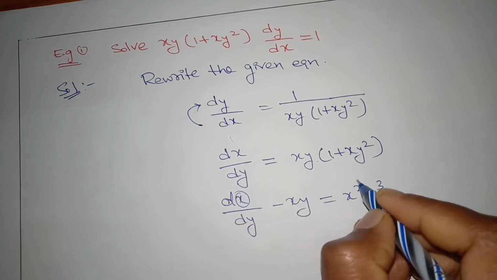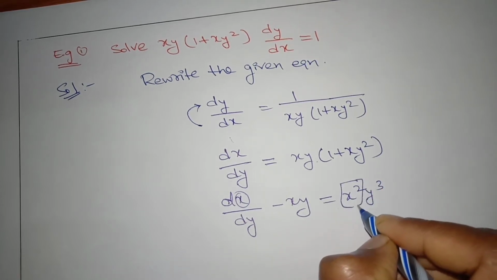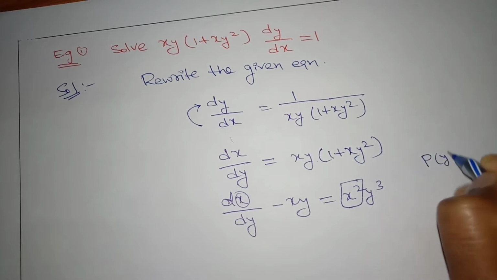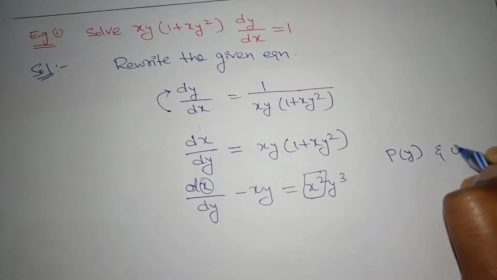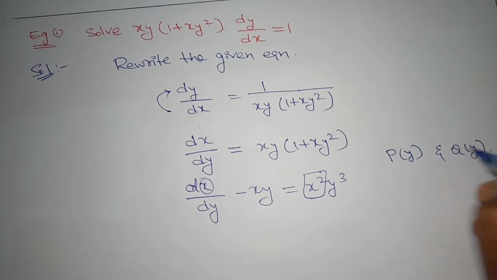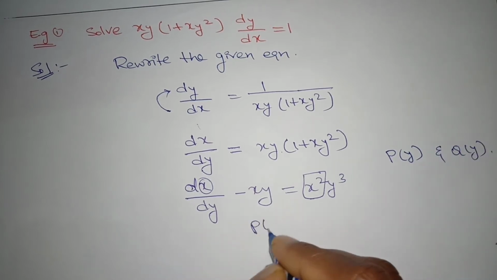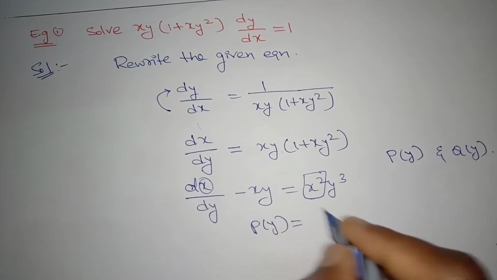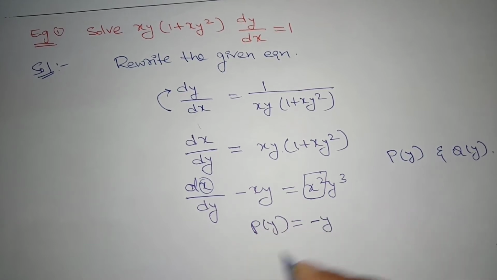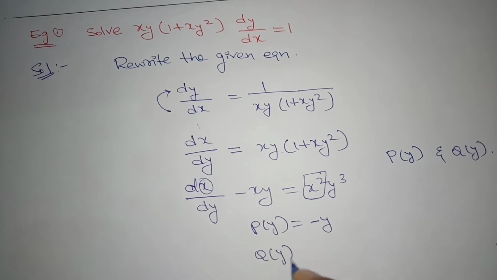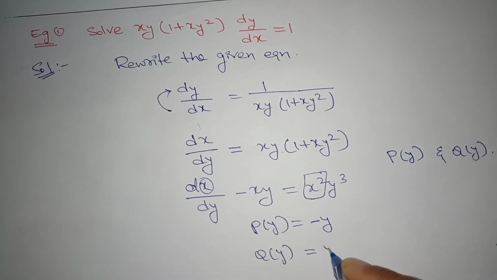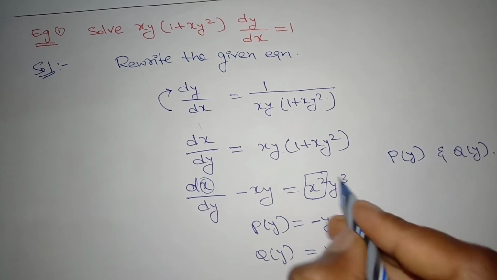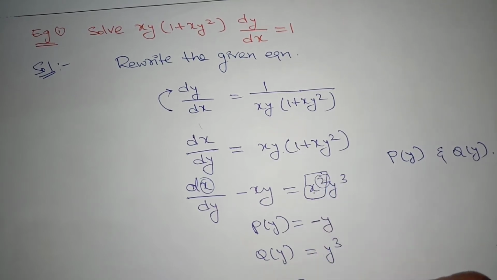So here we have p of y and q of y, where p of y equals minus y and q of y equals y cube, n equals 2, x power n.